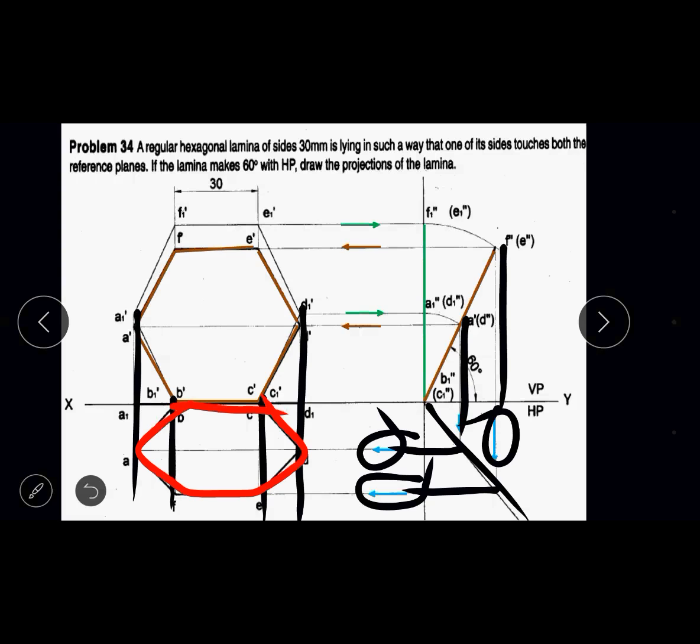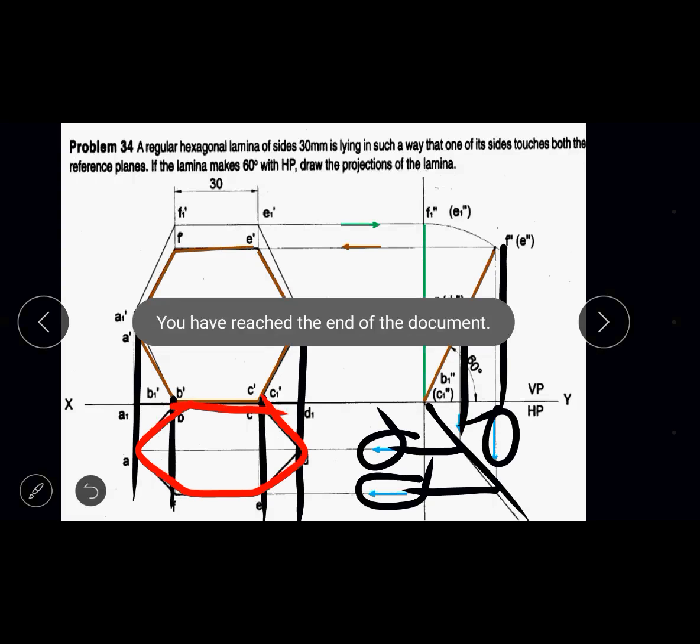So from the projection line drawn from the 60-degree side view line, you will get the irregular hexagon. And then with the help of this 45-degree line drawn in the fourth quadrant, with the projection lines from the tilted side view and from the tilted front view, we can get the final top view of the lamina, which is of irregular shape.